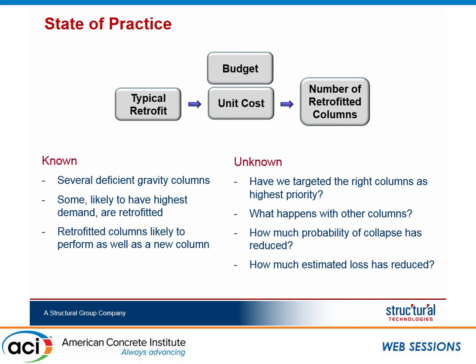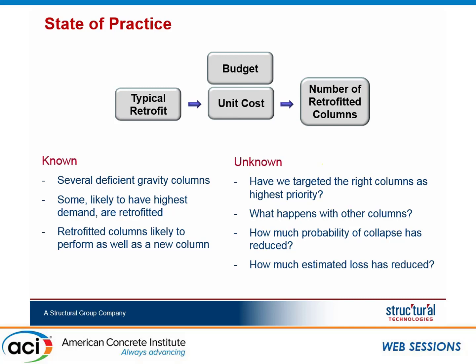through the discussions that I had with him and with the loss estimators, I realized there is this sense of lack of satisfaction about the entire thing, because there are things that we know that are listed over there. We knew that a number of these gravity columns are deficient. We knew that we are taking a step forward by retrofitting some of these, but we didn't know if we have targeted the right columns.